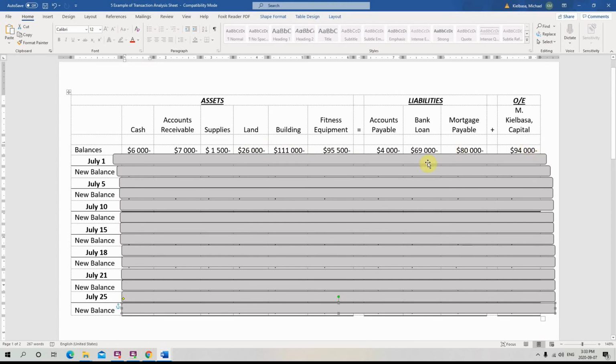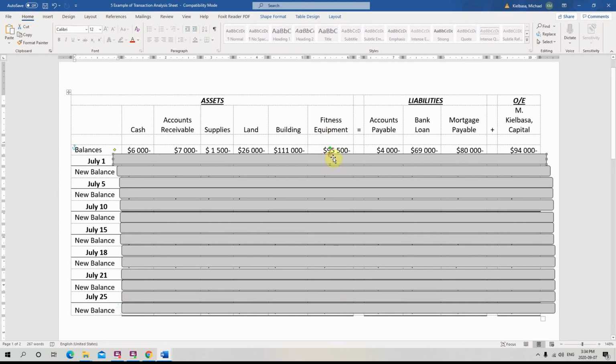So let's suppose on July 1st that we buy $500 worth of equipment for cash. So what we're going to do is put minus 500 for cash on July 1st, and plus 500 in the fitness equipment account.